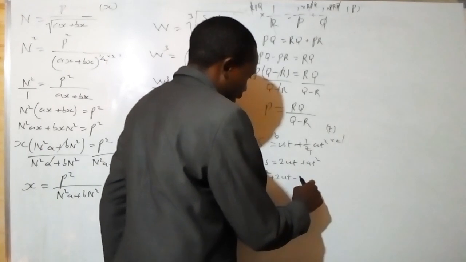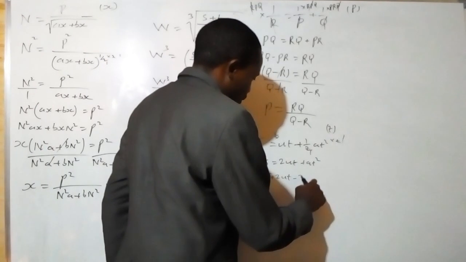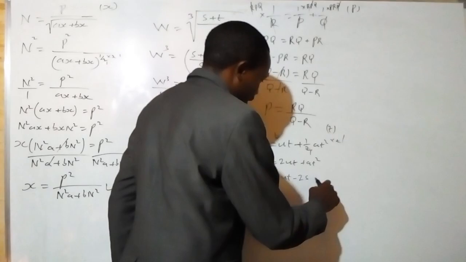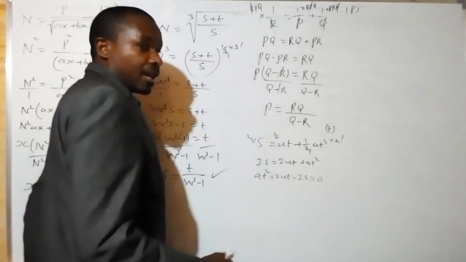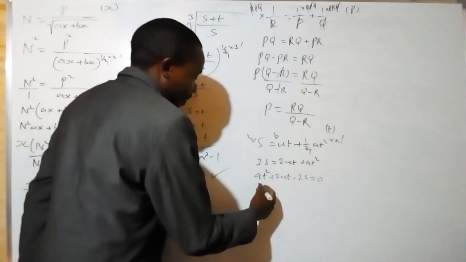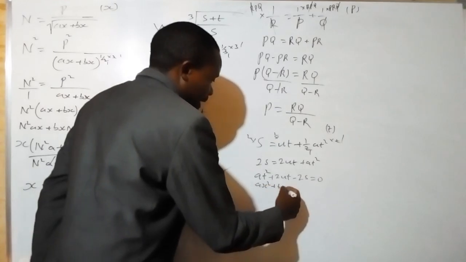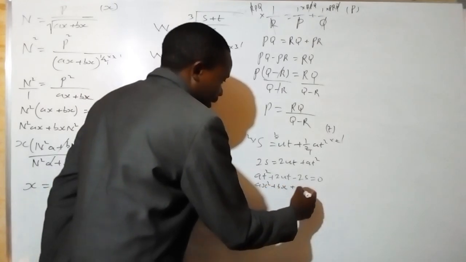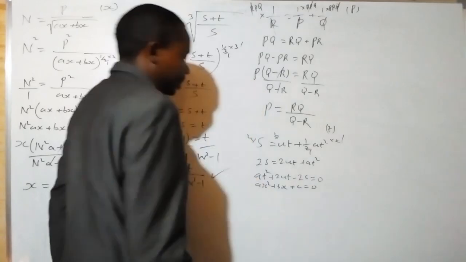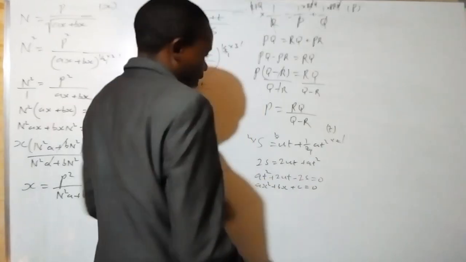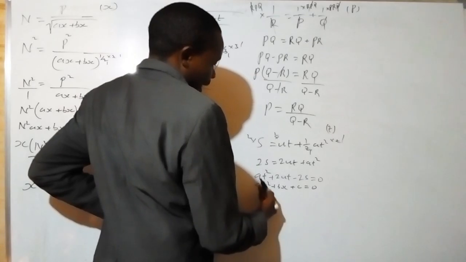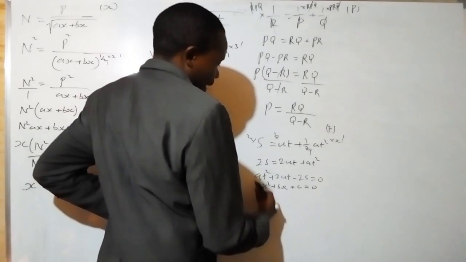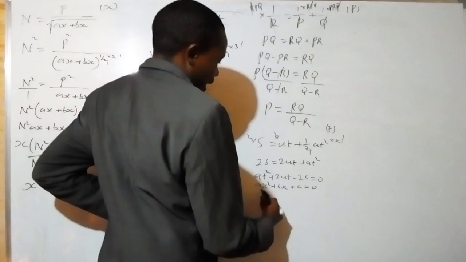This one is different because this one is in the form of a quadratic equation, ax squared plus bx plus c is equal to 0. First of all, we are going to take our a. Here a is equal to a.